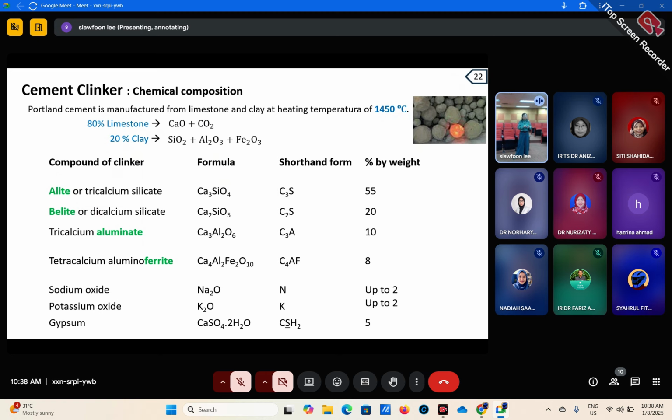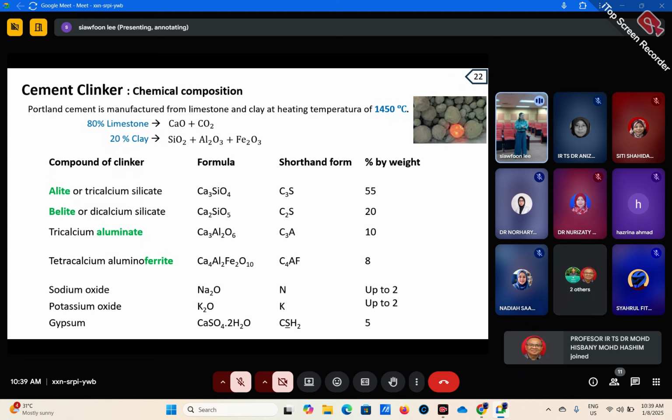And this clinker is actually composed of alite, belite, tricalcium aluminate and tetracalcium aluminoferrite, and also a little bit of sodium oxide, potassium oxide, and gypsum. This is the cement clinker. Later they will grind this cement clinker into powder.